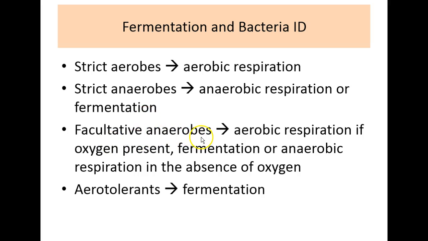Facultative anaerobes can make energy by aerobic respiration in the presence of oxygen, or fermentation or anaerobic respiration in the absence of oxygen. On the other hand, aerotolerants only have fermentation as their means of making ATP.